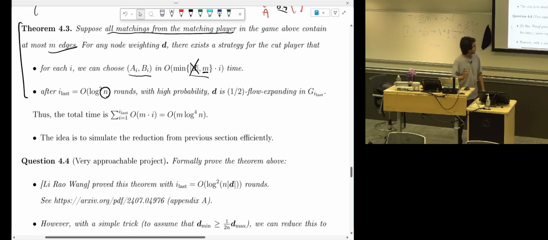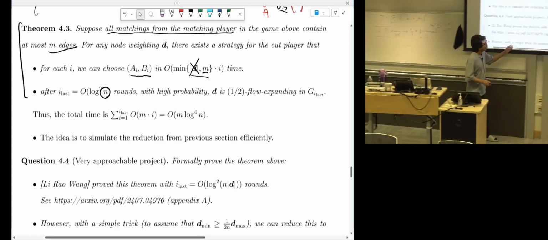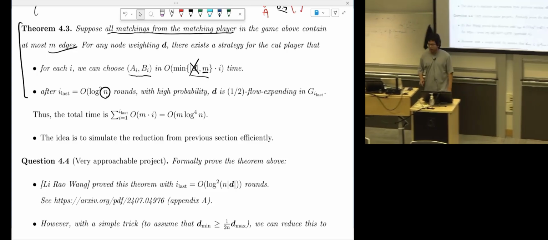With some simple trick, we can reduce it to just log square.